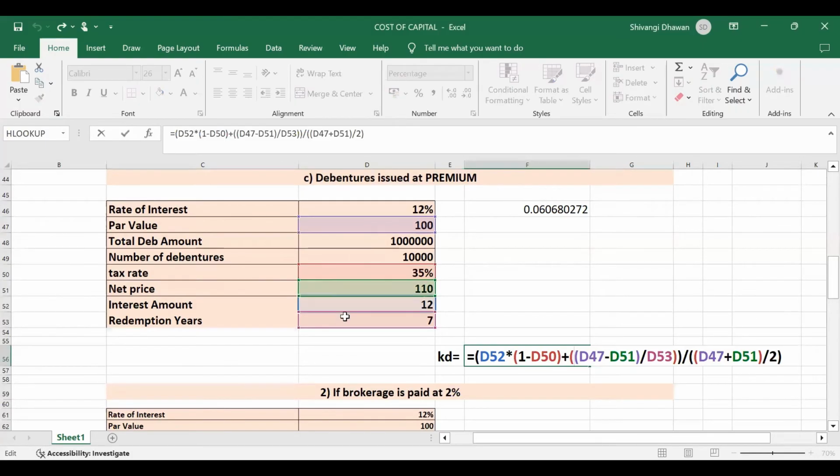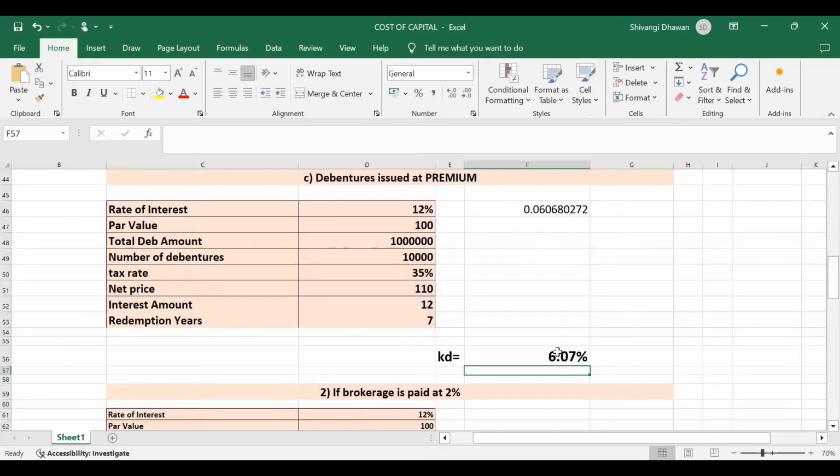Instead of writing 7 down, you have taken that also as a cell reference, whole divided by redemption value, that is 100, plus 110, that is your net proceeds, divided by 2. With this, you can calculate your cost of debt. Just be careful with the brackets.